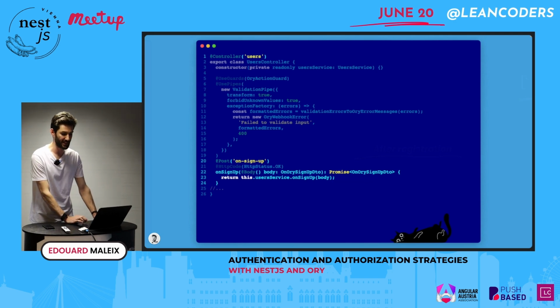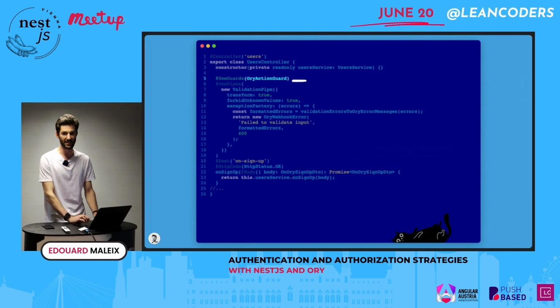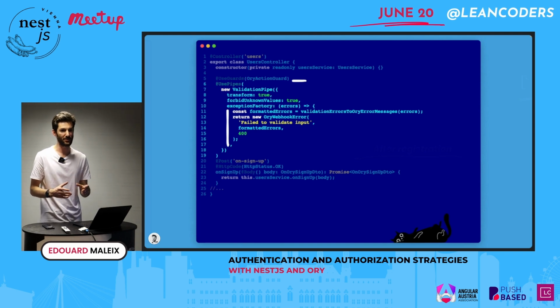So let's say that we have that user/on-sign-up endpoint. That's where we will receive the webhook request. First of all, we will pass through that OI action guard that will take care of validating the header that we mentioned previously. We will have a validation pipe that will ensure that the request is formatted correctly so that it contains the identity that we expect. If it does not, we really take care of formatting the error as OI expects so that we can display that error in the front end as well.